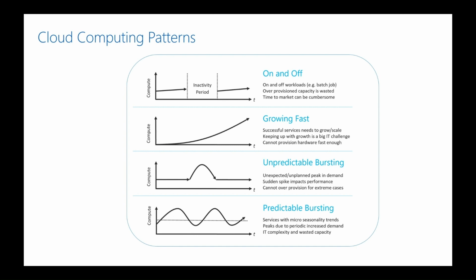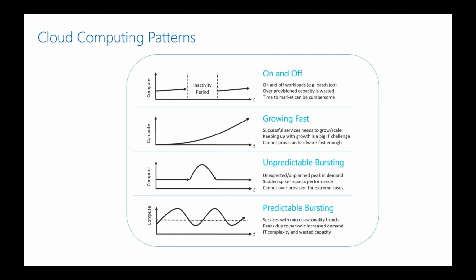So for such unpredictable bursting, we have an auto scaling feature on a cloud. We can enable it and pay for the resources we are using, and even the end user doesn't know how the backend service is working, how many clusters are running. So it handles the load very smoothly on a cloud.